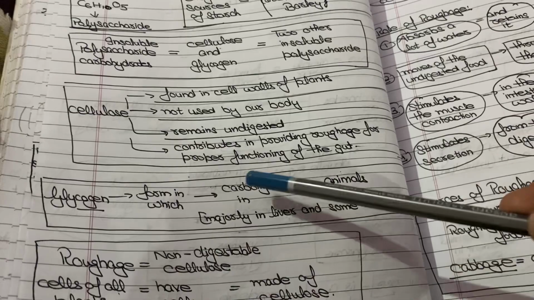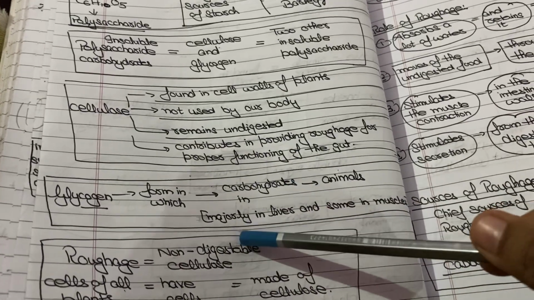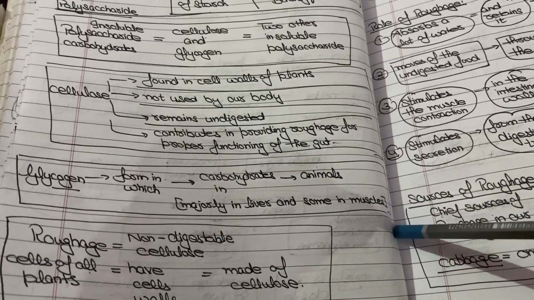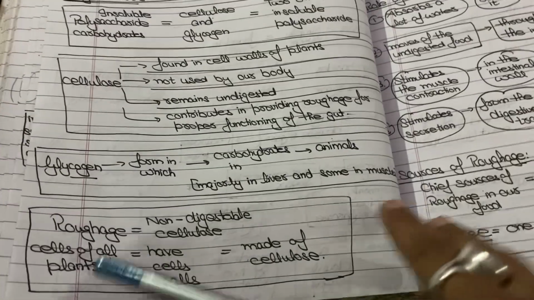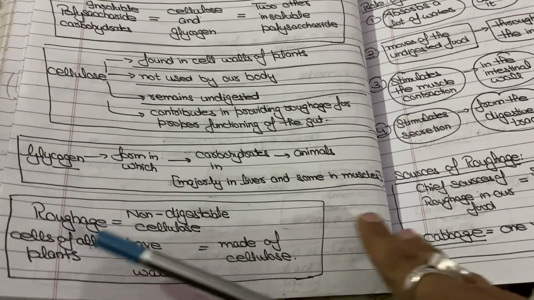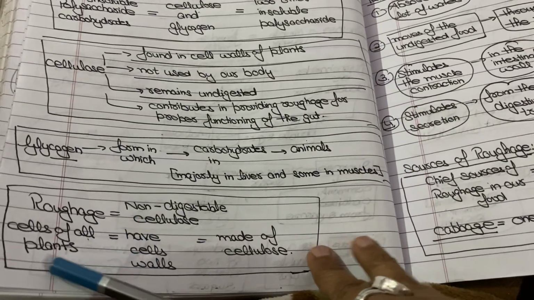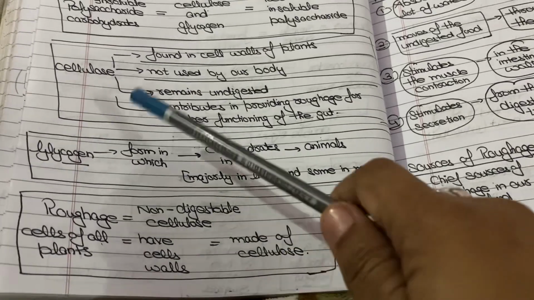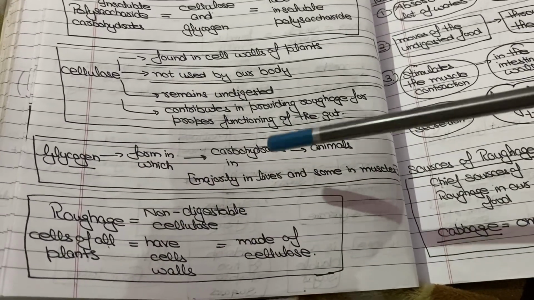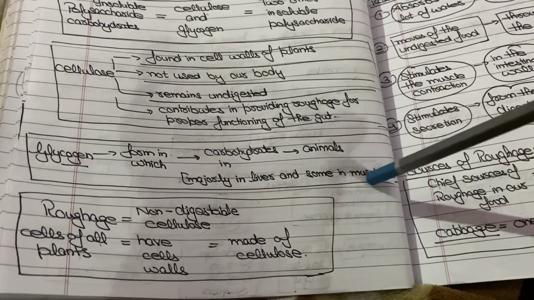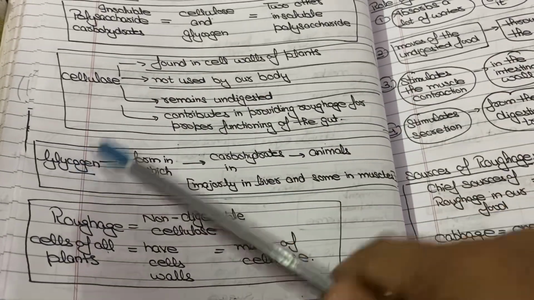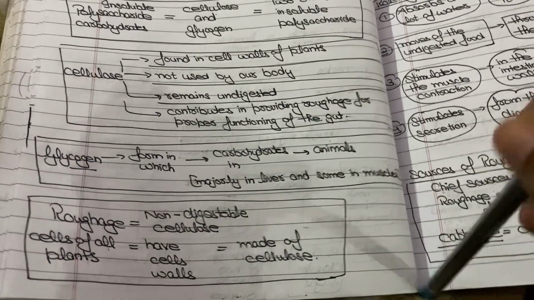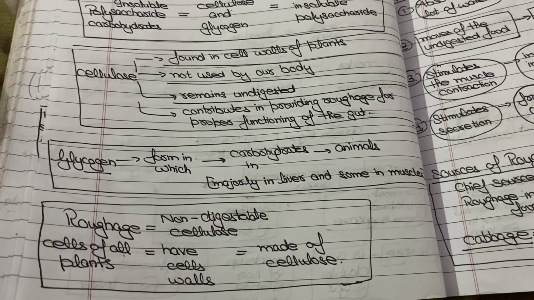You mainly find them in the liver as well as in muscles. Those who are non-vegetarians mostly eat the liver or muscles of any living creature as meat. If you are eating their liver or muscles, then you are eating glycogen, meaning their stored carbohydrates. Okay, let's move on to roughage.